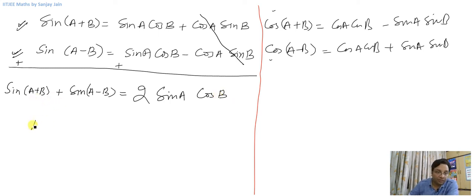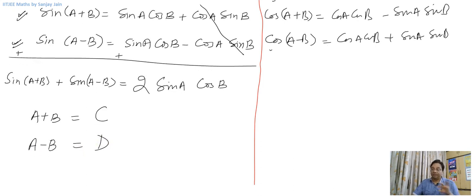Now I want you to replace this a plus b with capital C and this a minus b with capital D. So what we are doing here is, we will learn another set of formulae using these formulae that we have learned already. Then what will happen to this a and b?